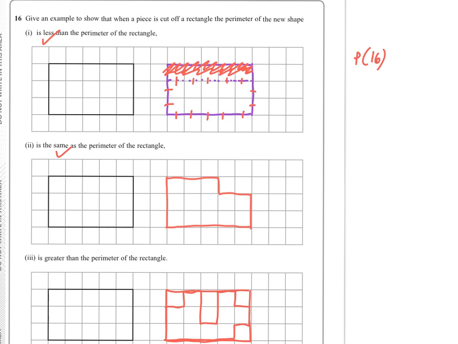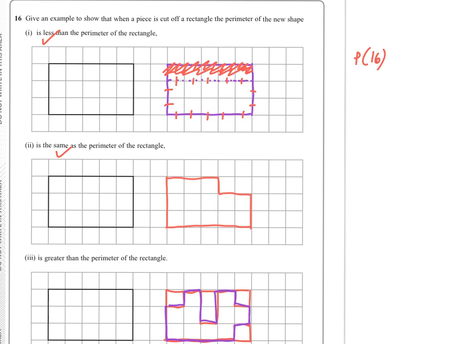Let's see what that one does. So what I'm doing is I'm trying to make the edges a little bit more jagged, and because the edges are where the perimeter is, I'm trying to produce a little bit more perimeter if I can.